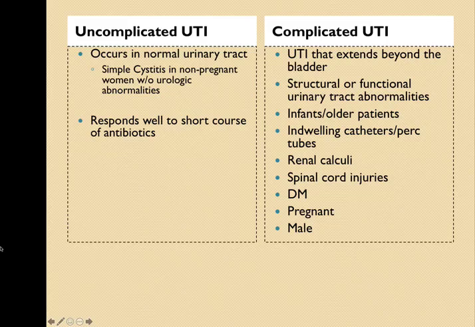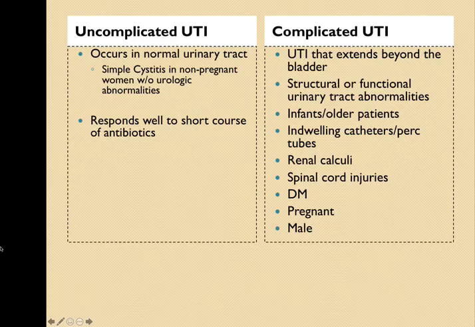If you look on the right, this is the table that includes the patients that would be considered to have a complicated urinary tract infection. So this would be a UTI that extends beyond the bladder. So we're talking about pyelonephritis, complicated pyelonephritis, other complicated UTI.